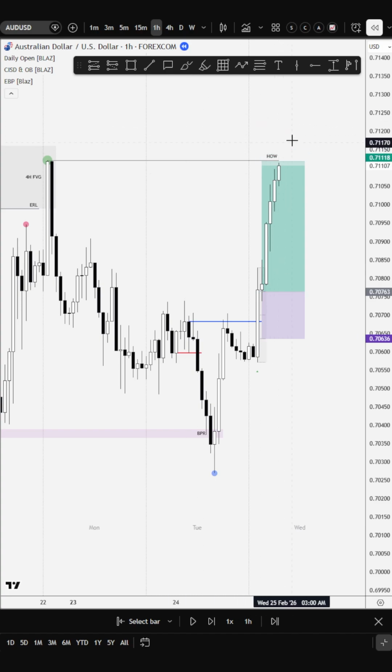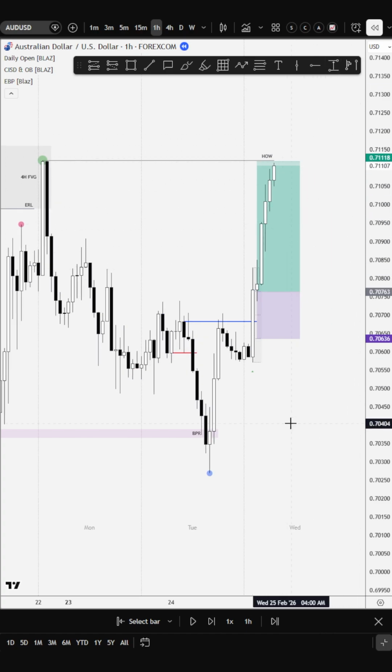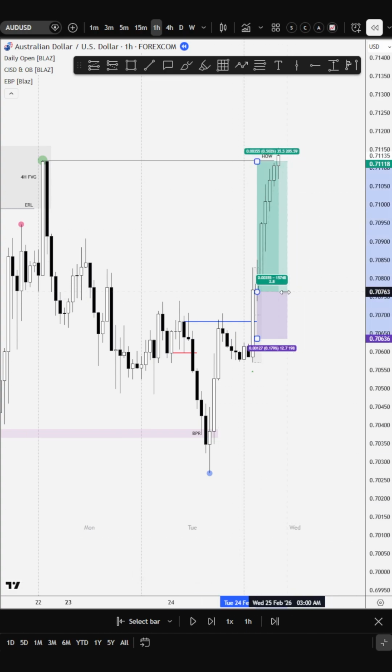That gives me the indication that if price pushes beyond this, I would expect price to return into the range again before it continues pushing higher. So I can capitalize on that retracement before price starts moving in the right direction. So here I got my 2.8 R from this EBP.